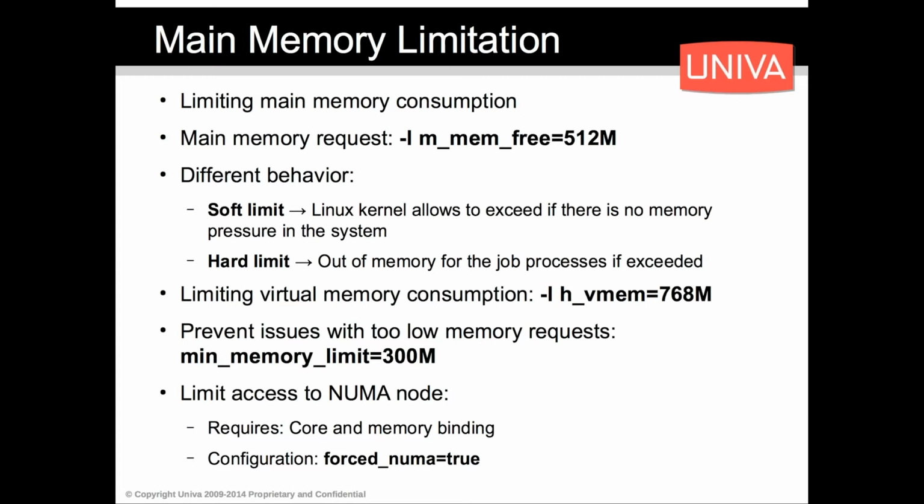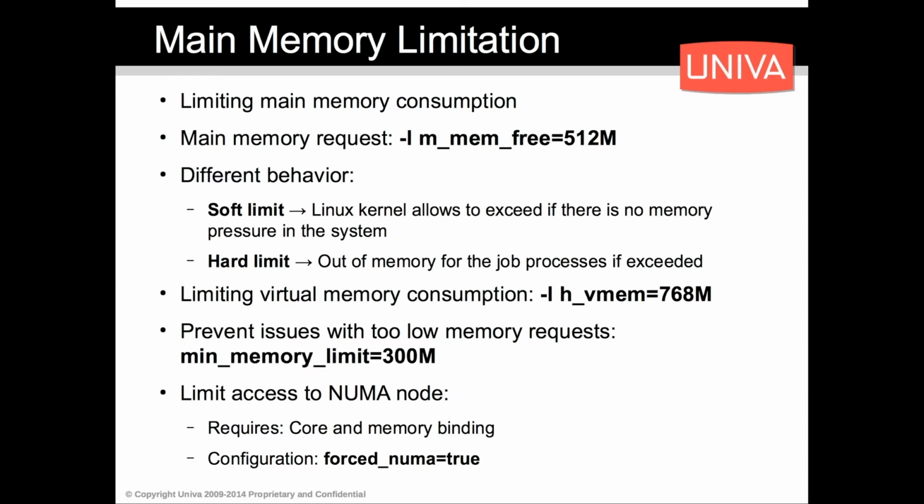when the scheduler calculates if a job can run on a certain host. You have 2 different behaviors for limiting main memory. The hard limit produces an out of memory for the job if the job processes are exceeding the memory. When you have a soft limit, then the kernel would allow to exceed the memory if there is no memory pressure in the system.